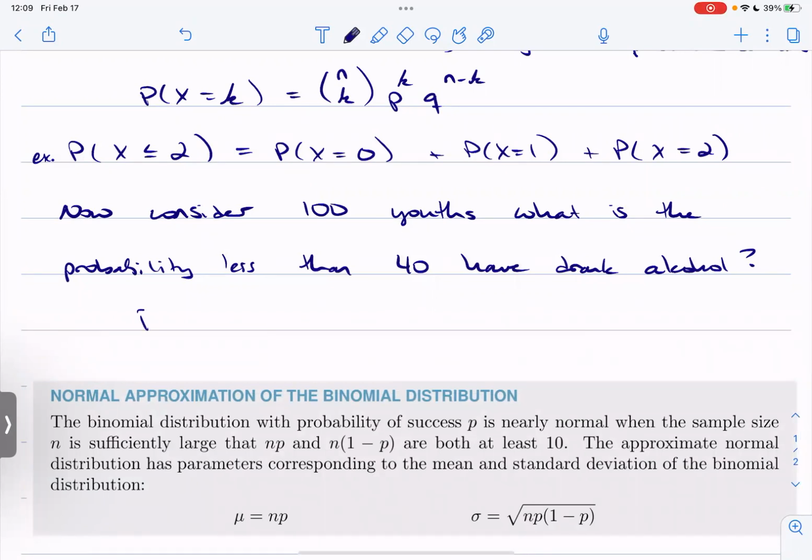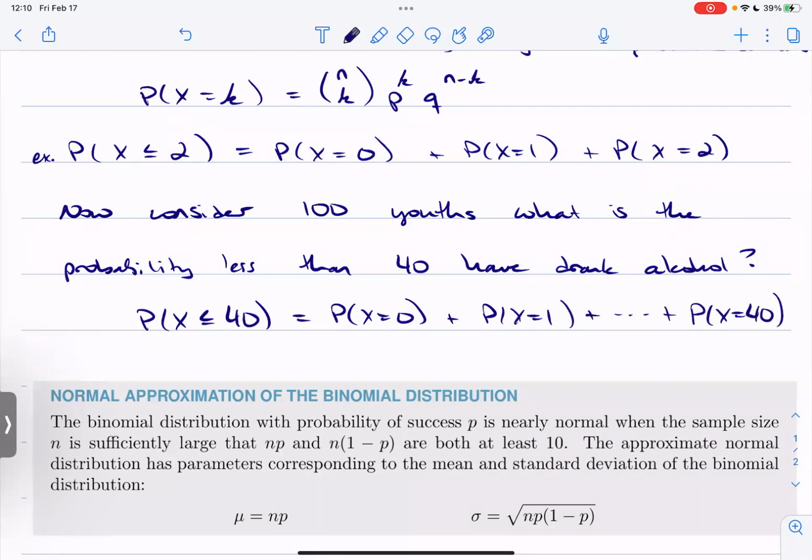You'd have to take the probability that x equals 0 plus the probability that x equals 1, all the way up to 40. Hopefully no one wants to do that. No, right? Okay. Normal approximation to the binomial, to the rescue.